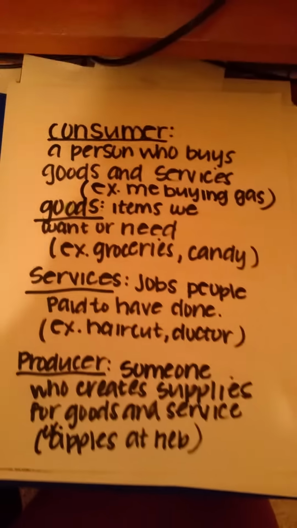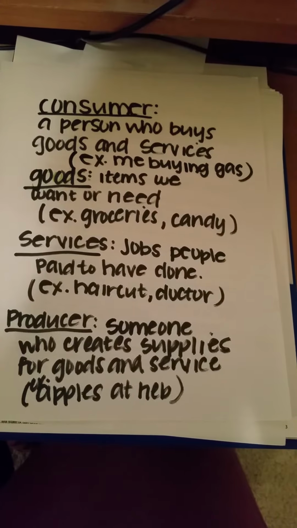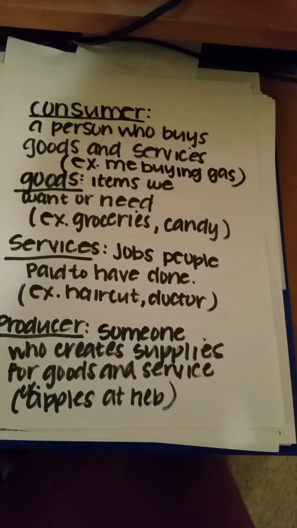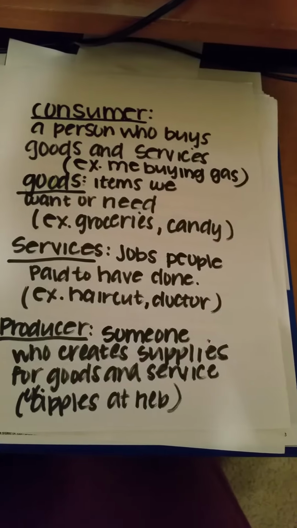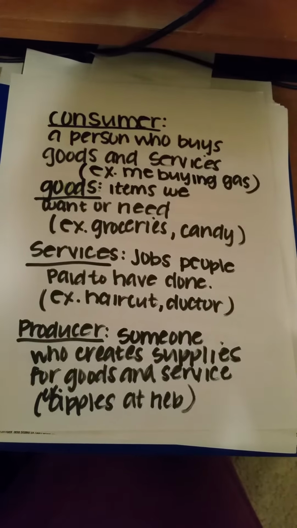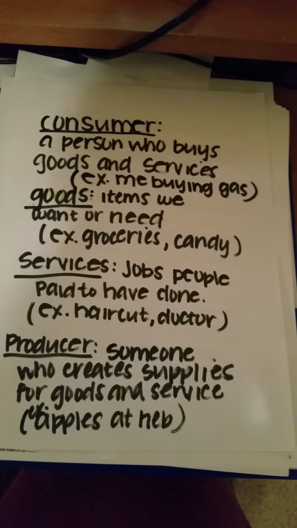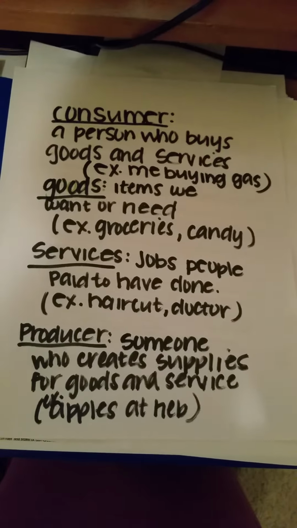This is a consumer. A consumer is a person who buys goods and services, such as me going to the gas station and buying gas for my car. I am a consumer. Goods are items we want or need. Examples would be groceries, candy, bread, whatever you need.